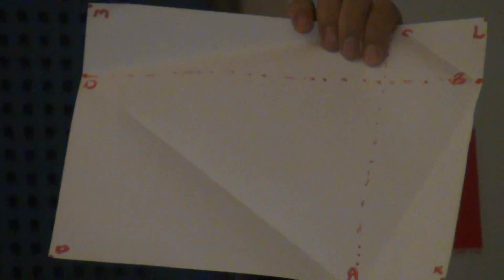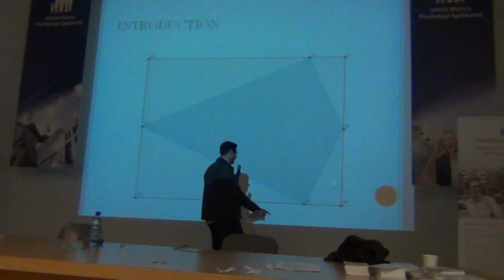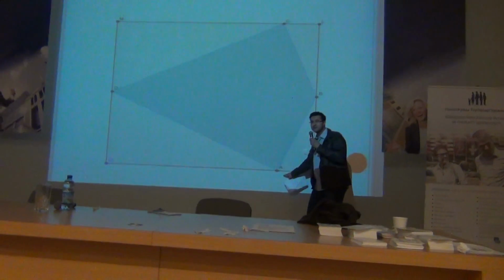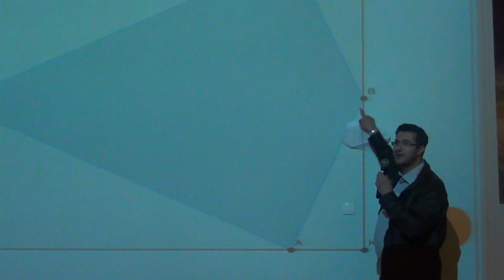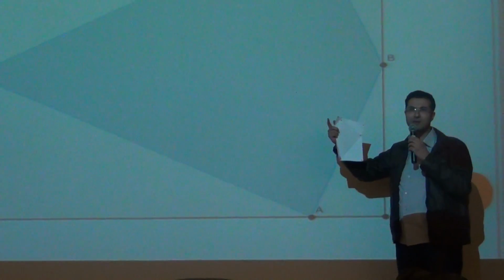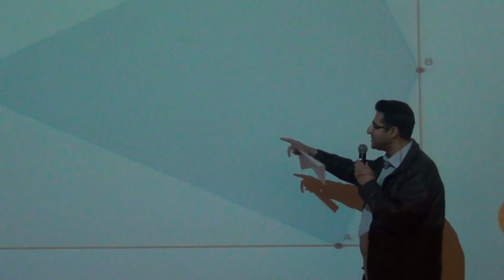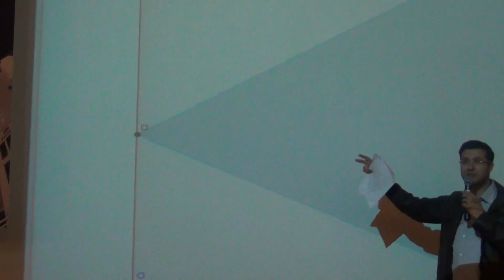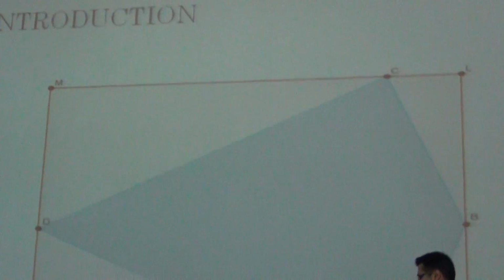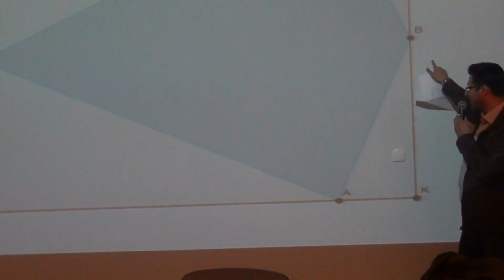I labeled it A. A is here, and B is here, another point on a side. After that we will determine another point, but this point has a relation with A and B.